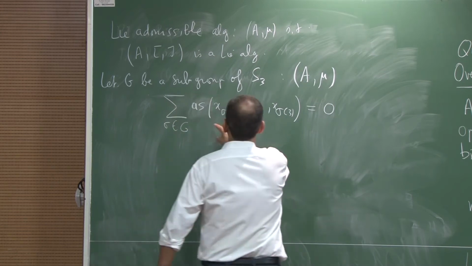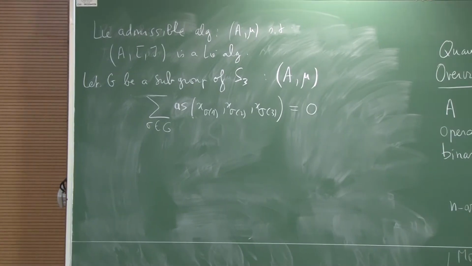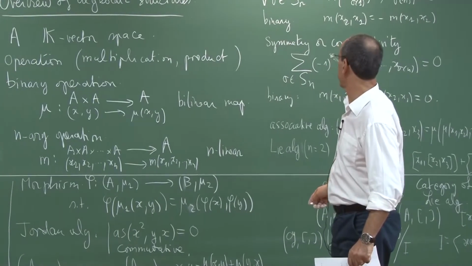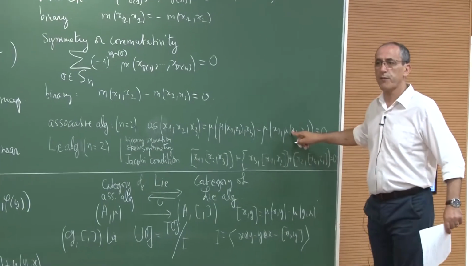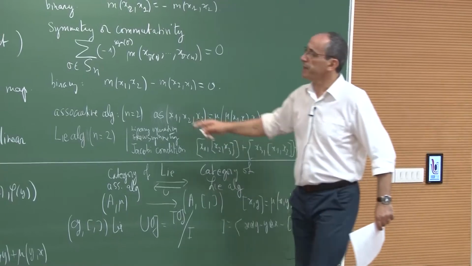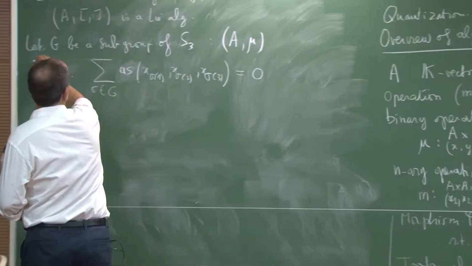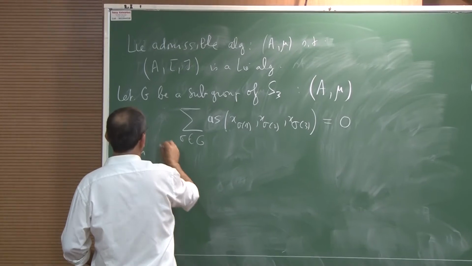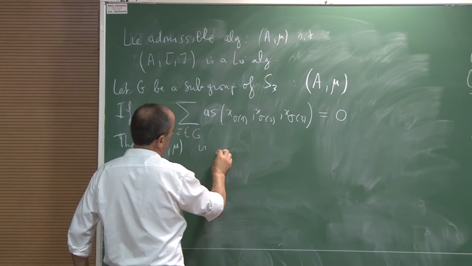If this mu satisfies the associator condition as defined somewhere here, where is the associator? Yeah, here. If the associator is this quantity and it satisfies this equal to 0, then A mu is Lie admissible.